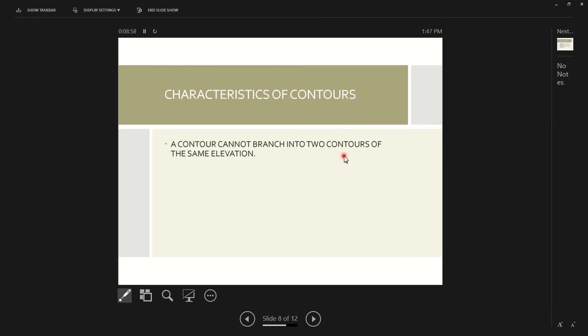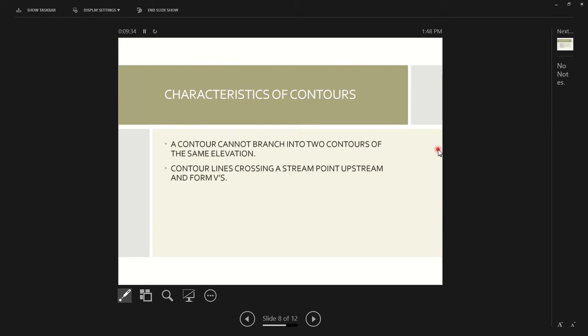All right, characteristics of contours. A contour cannot branch into two contours of the same elevation. That doesn't happen. Contour lines that cross a stream point upstream and form V's. So if you're looking at a stream, the elevations increase as you move up the stream. Downstream, the way the water's flowing, the elevations decrease.